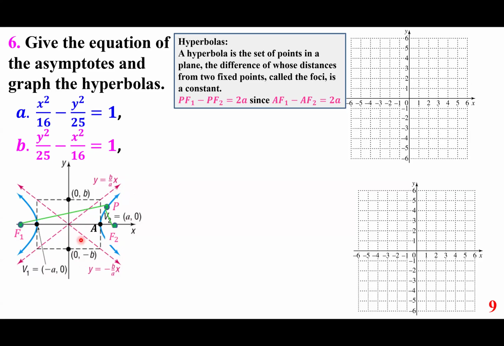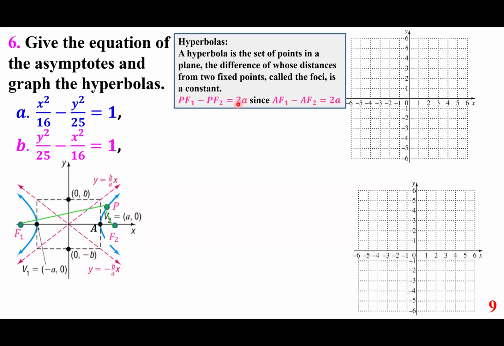We have these 2 blue parts of the graph, and this is a point, any point you pick, we call it P with coordinates x and y, and if we connect it to F1 and F2, called focus 1 and focus 2, then their distance PF1, obviously PF1 is larger, minus PF2 is 2a.